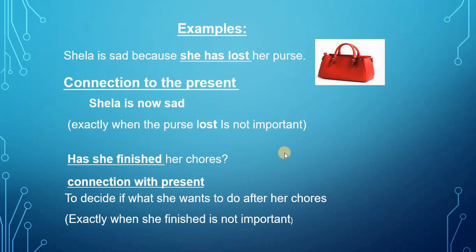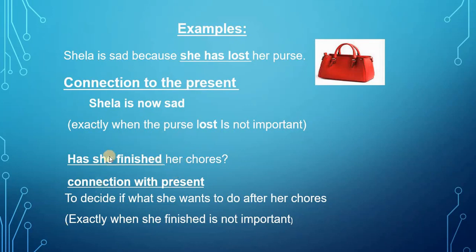Maybe she lost her purse yesterday, or last week, or even last month. It doesn't change anything. Sheila is still sad. The purse is still lost. The result in the present is the same. So we use the present perfect simply to say that something has happened in the past.